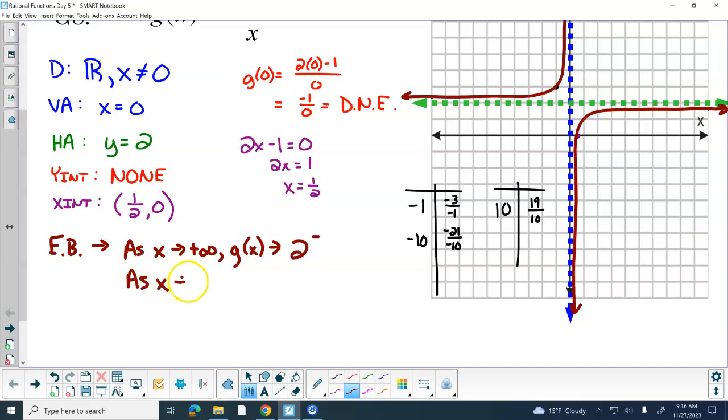As x approaches negative infinity, my function approaches 2 from above.